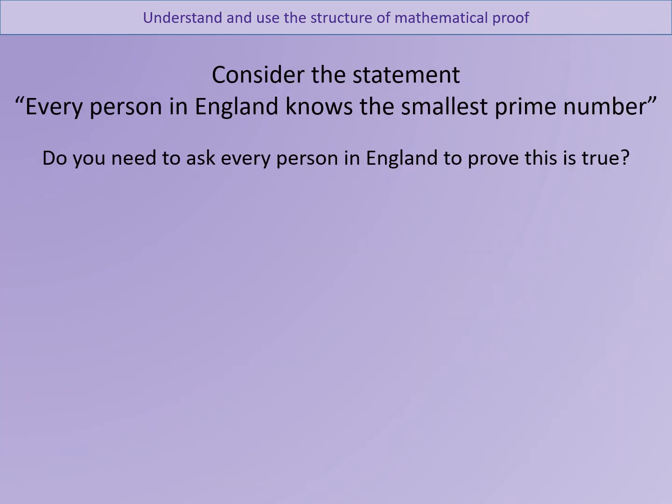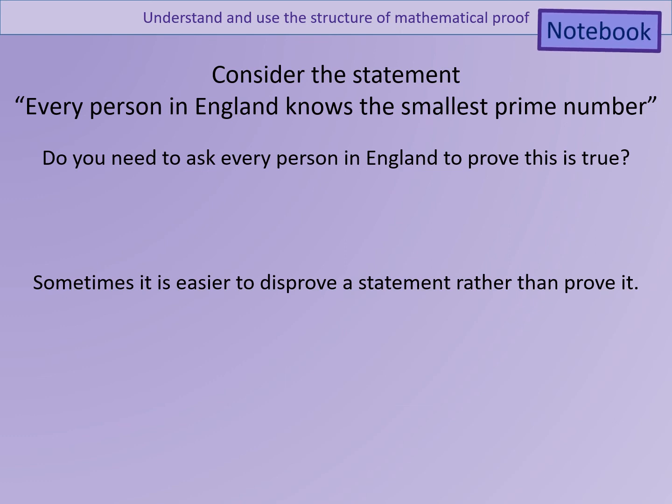So the final proof that we're going to look at is not actually a proof, it's a disproof. In other words, we're going to prove something is false by finding an example where the proof is not correct. So for example, if I wanted to know whether every person in England knows the smallest prime number, I don't need to ask every single person in England.